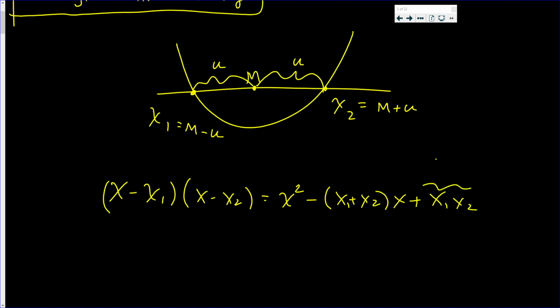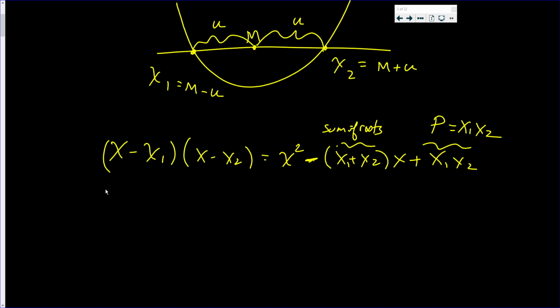If you notice, the constant is the product of the two roots. And after the minus sign, that's the sum of the roots. It's important enough to write: sum. That's the sum of the roots. But please note, it comes after a minus sign.